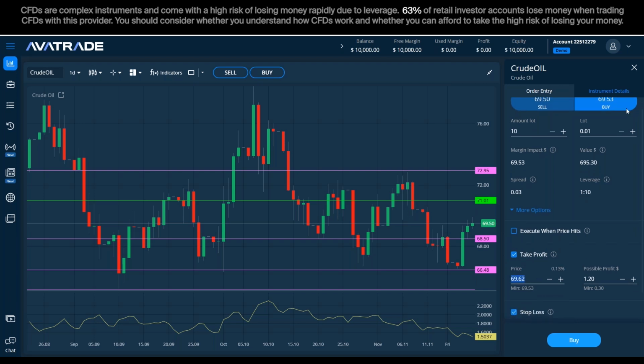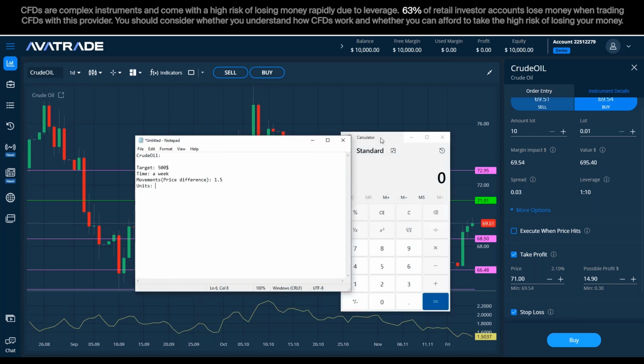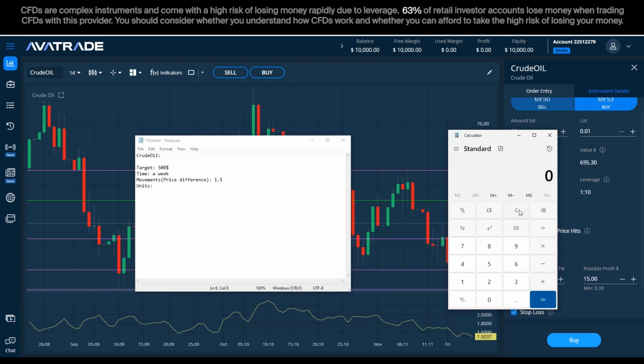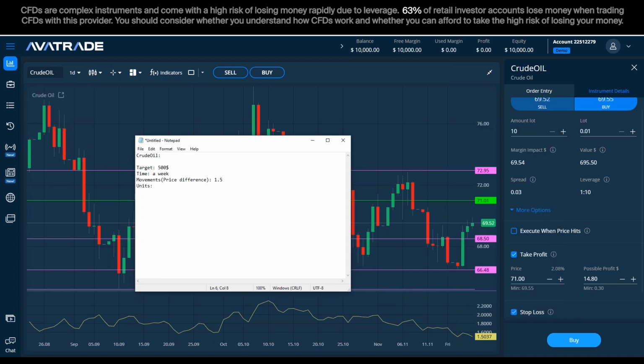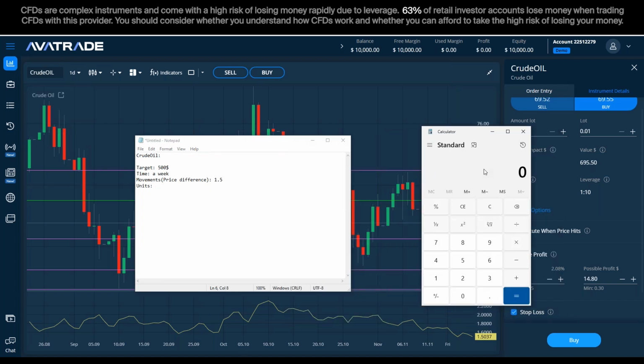Okay? Now, because I have 10 barrels, and the difference between the price that we're having to the price that I'm aiming for is $1.50. So $1.50 times 10. There we go. $1.50 times 10 is 15.